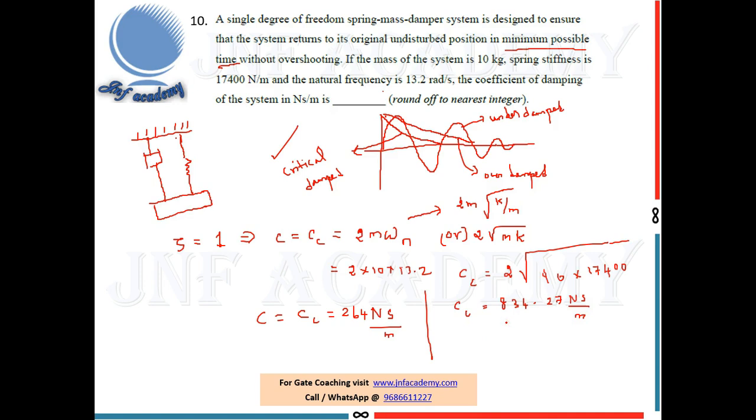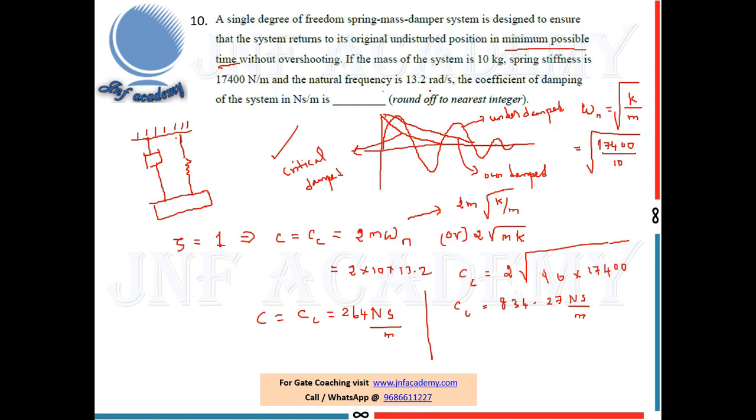Okay. Then I checked it here. See the natural frequency 13.2. What is the formula for natural frequency? Omega n is equal to root of k by m. K is how much? 17400. Here 10 kg. If you simplify, you have to get 13.2, but you will not get 13.2.